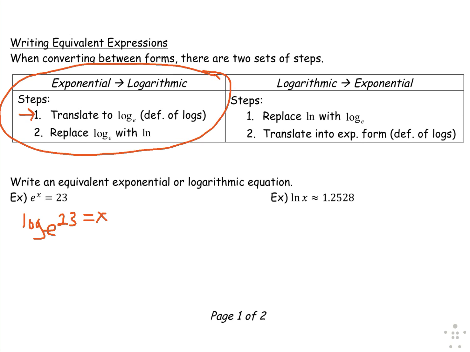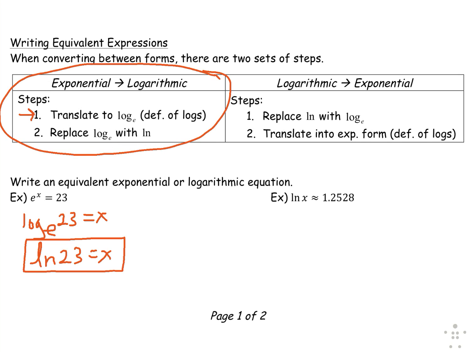In step 1, I translate it to log base e, just like you have always done. But whenever you see a log base e, you replace it with a natural log, the ln. That's cleaner, and both would work, but it's kind of like having negative exponents. It's not fully simplified. So we replace log base e with a natural log.